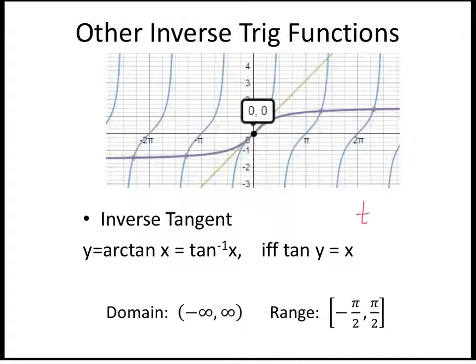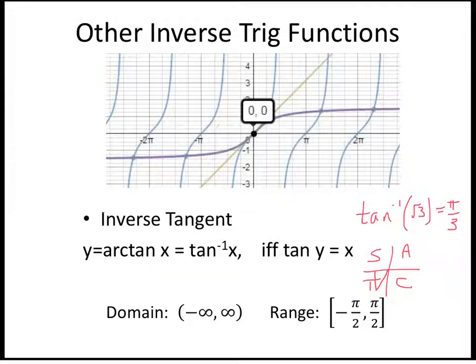Let's find the inverse tangent of, let's see, square root of 3. Well, square root of 3 happens at pi over 3 radians, right? But we also know that tangent is going to be positive in the third quadrant.